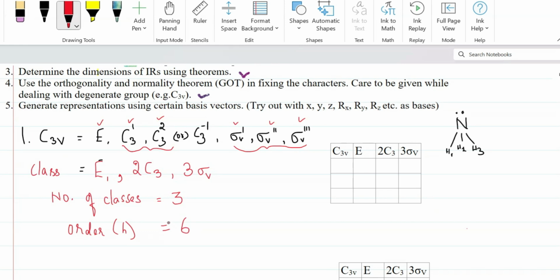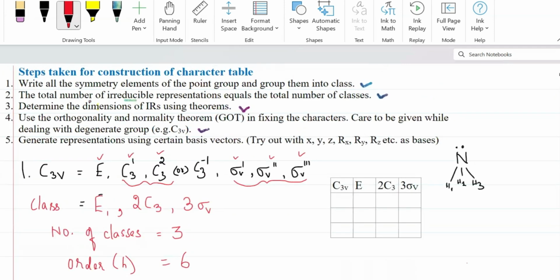Now, the second point: the total number of irreducible representations is equal to the total number of classes. We have listed the classes over here in this table: E, 2C3, 3 sigma V. How many classes are there? That many irreducible representations would be there. So here it comes to 1, 2, and 3 irreducible representations.